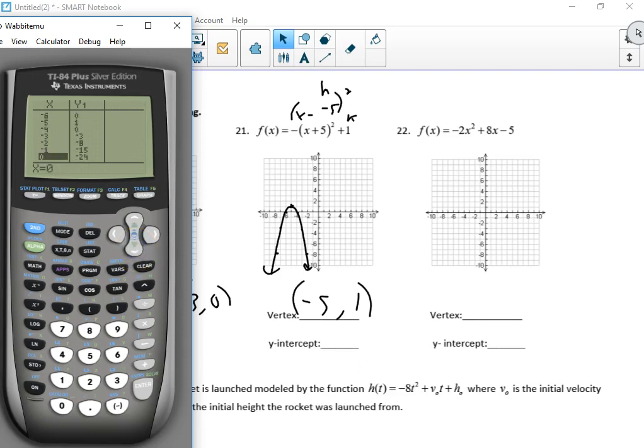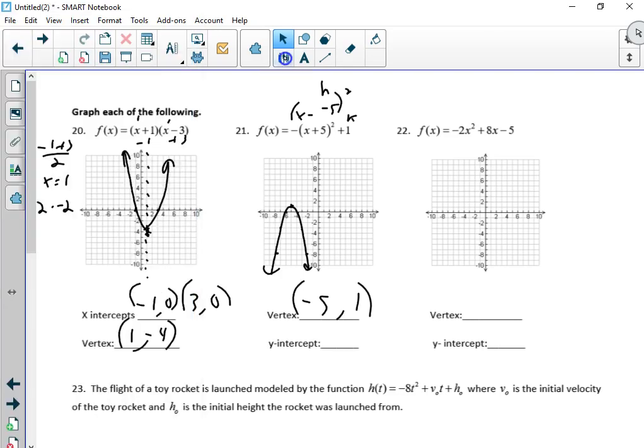So, there we go. We need a 0 for x. So that's 0, negative 24.